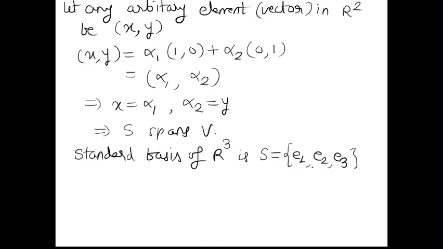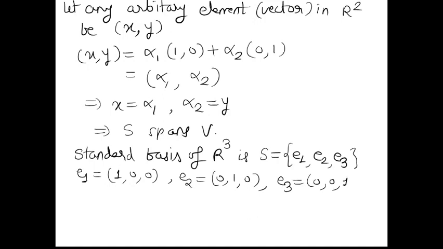There will be three elements in the basis. Here E1 is (1,0,0), because as an element of R3 it should be in the form of a 3-tuple. Then E2 is (0,1,0) and E3 is (0,0,1).